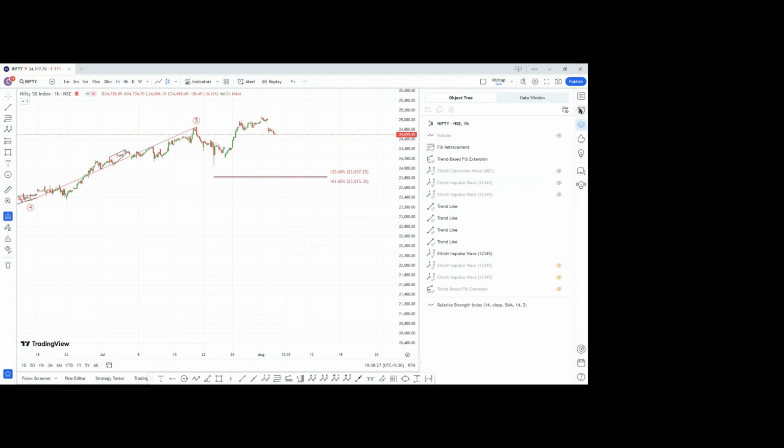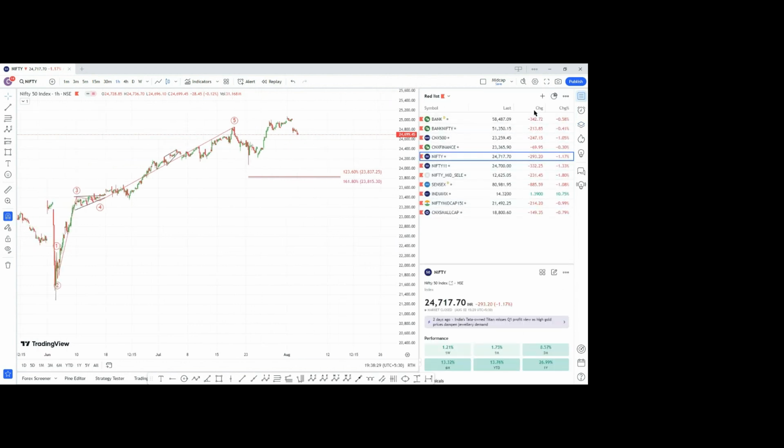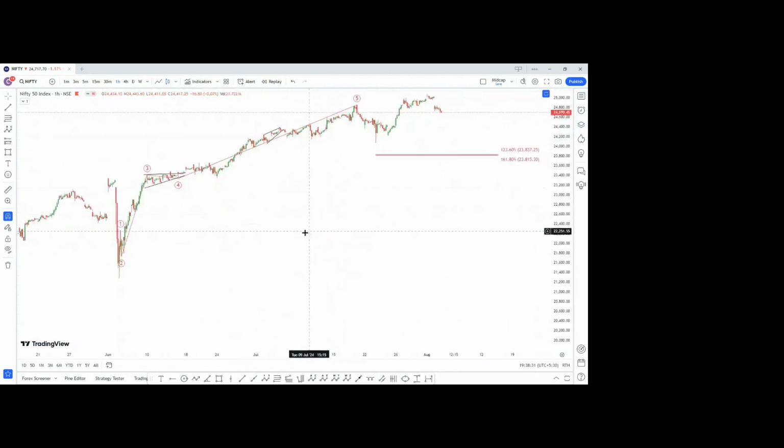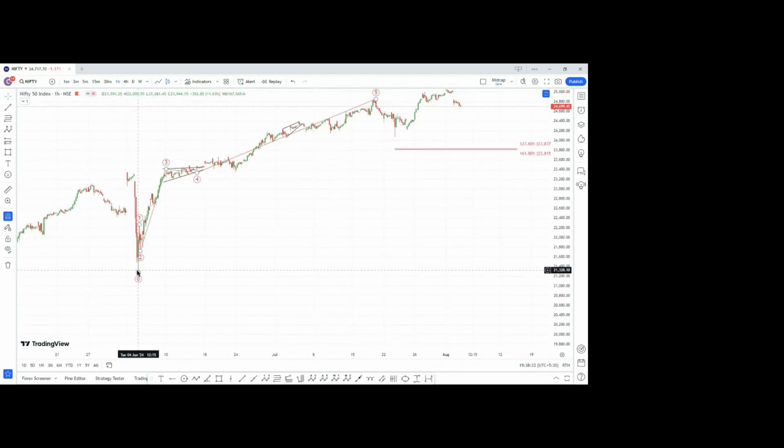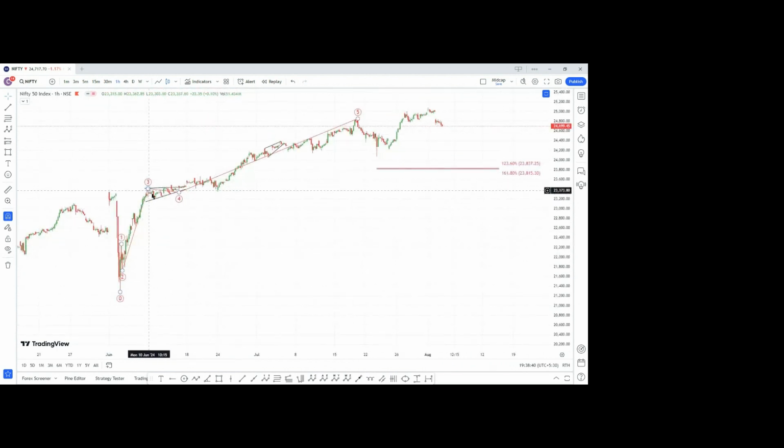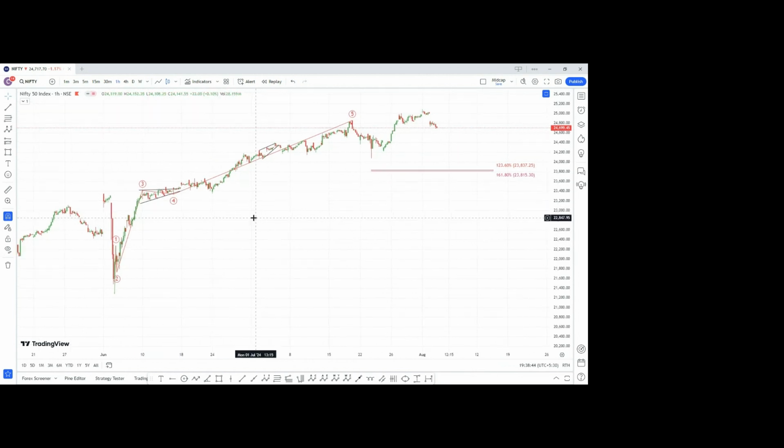If we consider this as the impulse which began from 4th of June after the results, this is our wave 1, wave 2, this is our wave 3. This is the complex wave, and this is the wave 5.